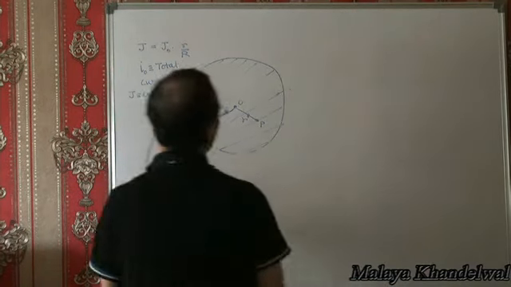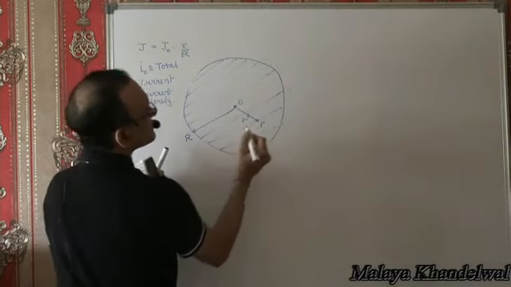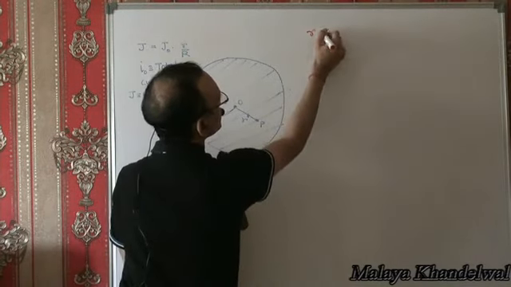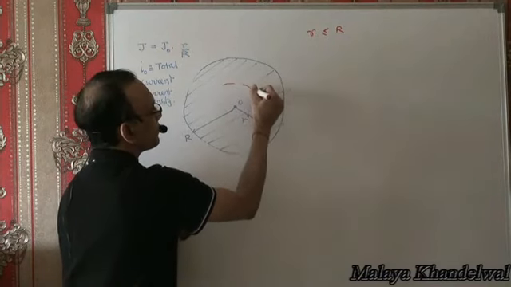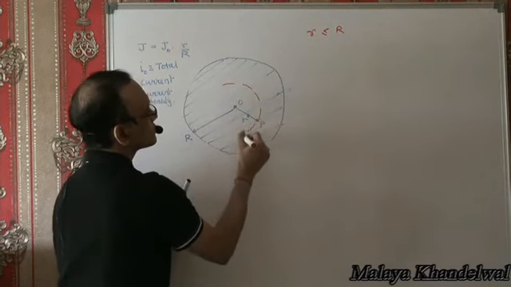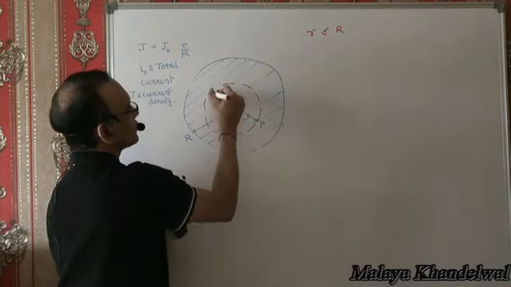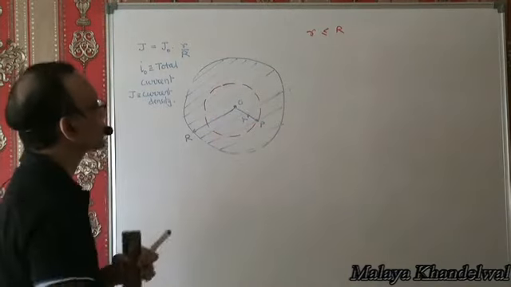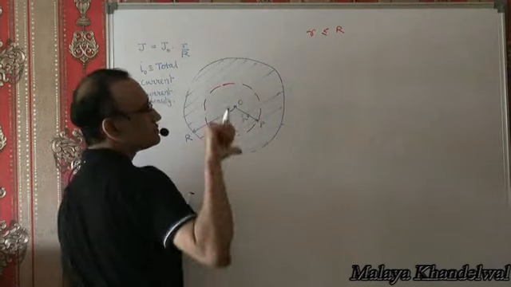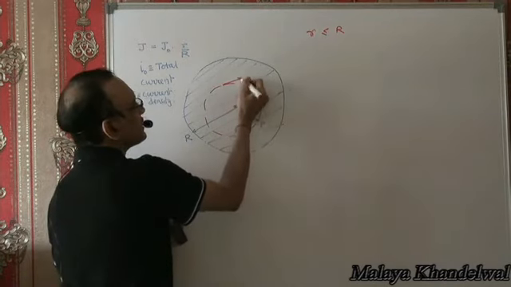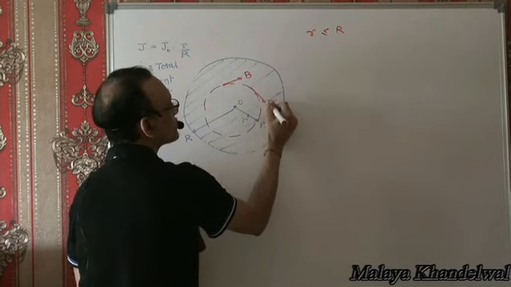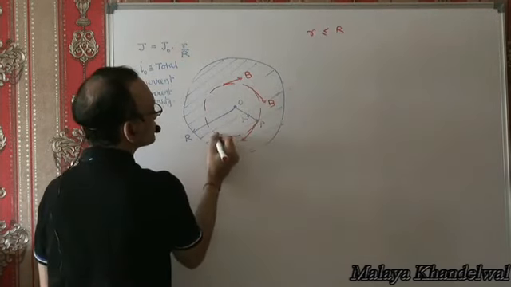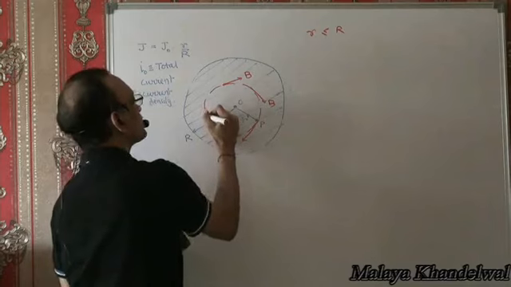Okay, what we can do is, let's say for small r less than or equal to capital R, we look at an Amperian loop like this. And then the B at every point of this Amperian loop, from symmetry considerations, will be along the tangent and would be of the same magnitude.